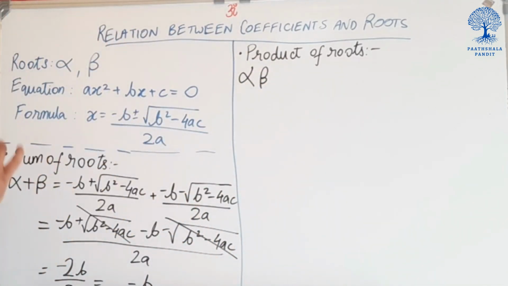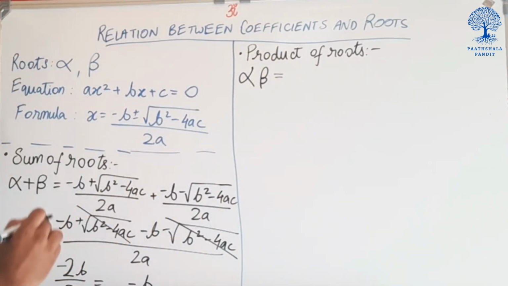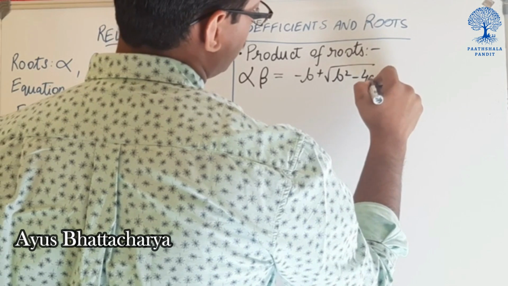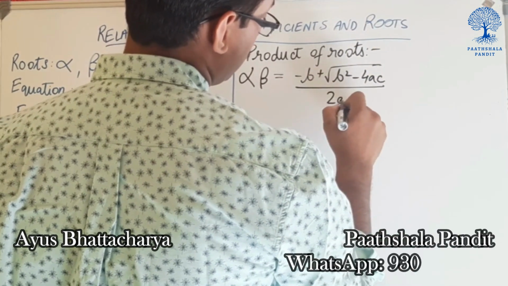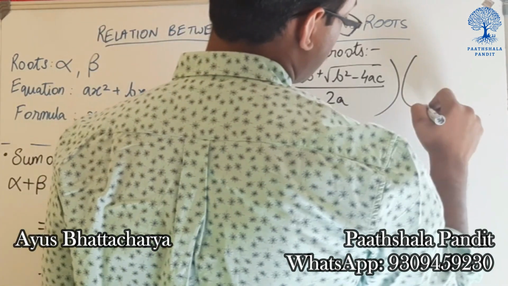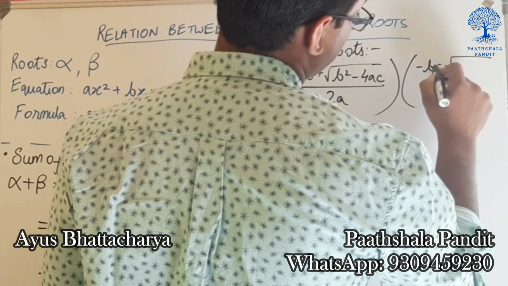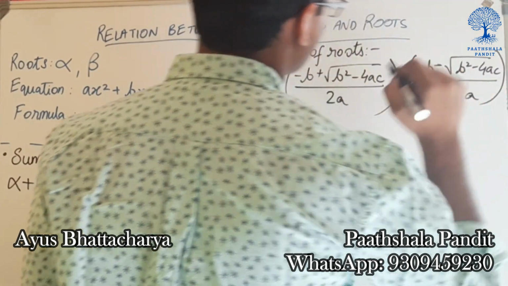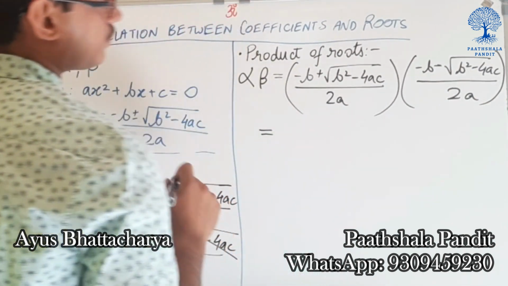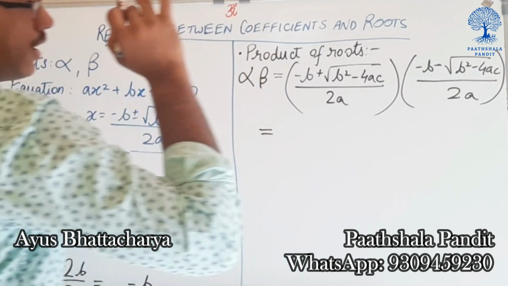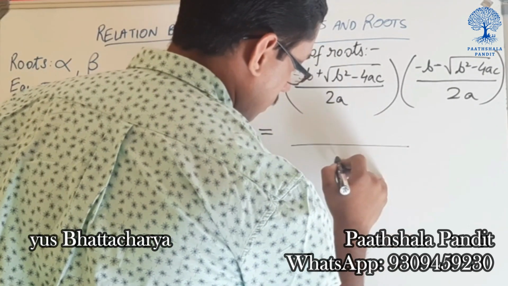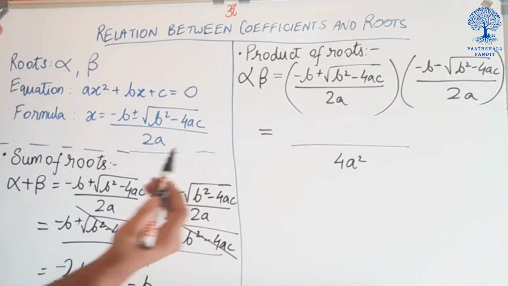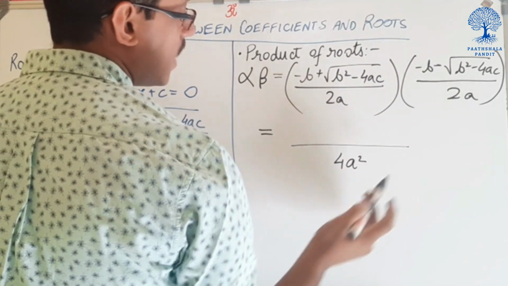Alpha multiplied by beta, we multiplied it, equals to, now see, minus b plus root of b square minus 4ac by 2a, this one whole bracket, and then again minus b minus root of b square minus 4ac by 2a, this whole bracket is equals to, now see, first of all you can write the denominator as 2a multiplied by 2a, what is it? 2 multiplied by 2 is 4, a multiplied by a is a square.